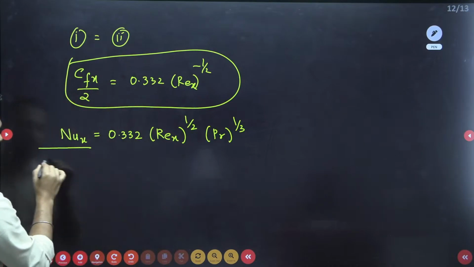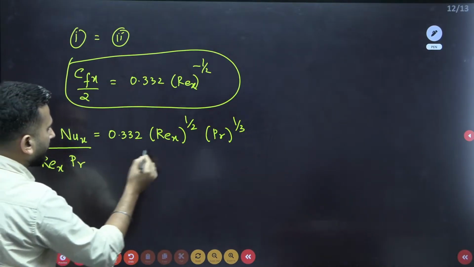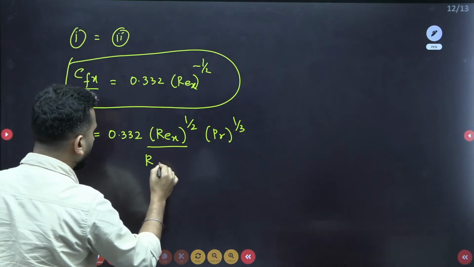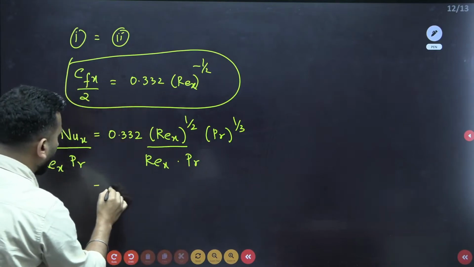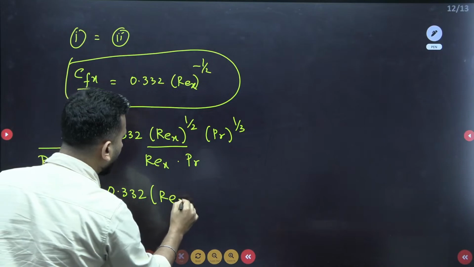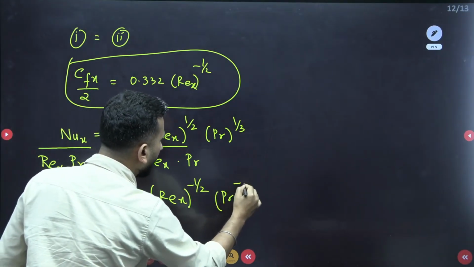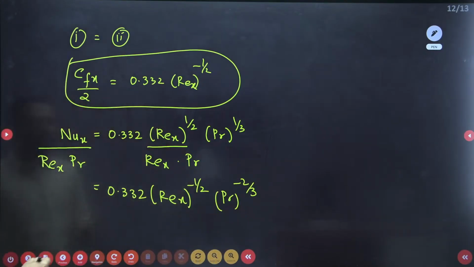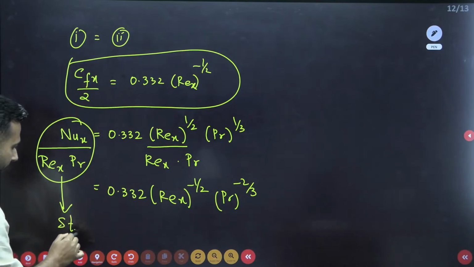Now if I divide both sides by Reynolds number x into Prandtl number, we will get 0.332 Reynolds number x to the power minus 1 by 2, Prandtl number to the power minus 2 by 3. This number is known as local Stanton number.